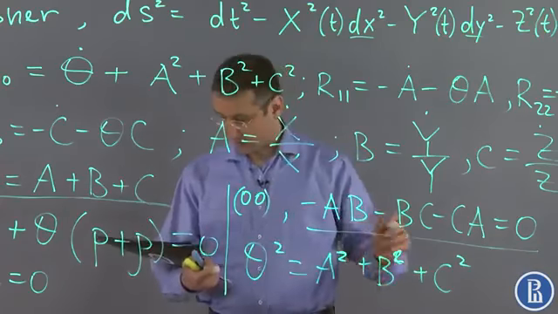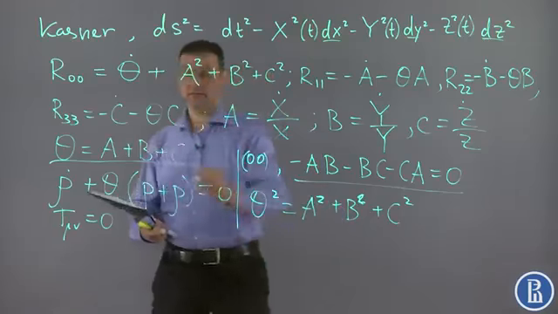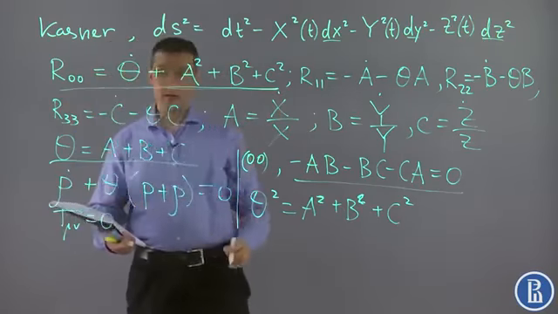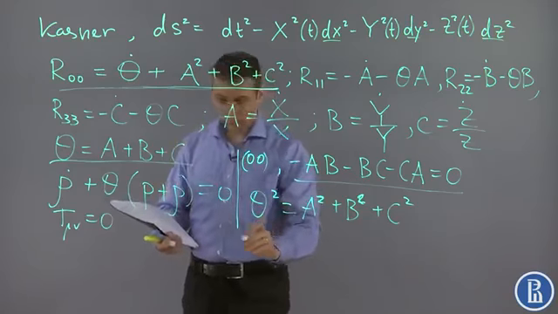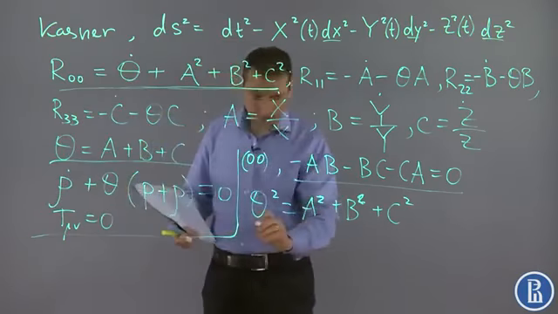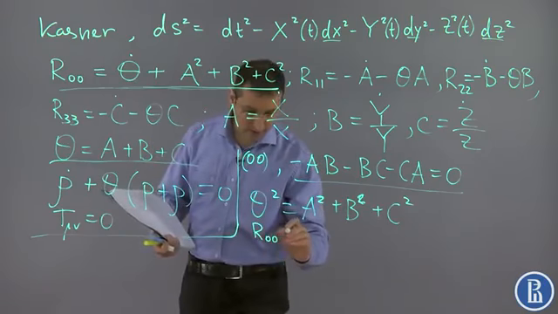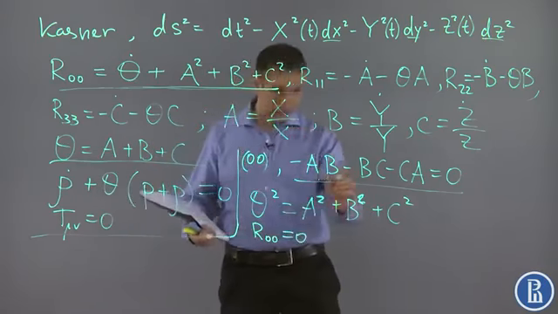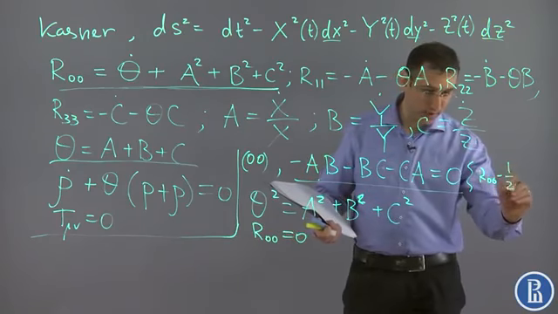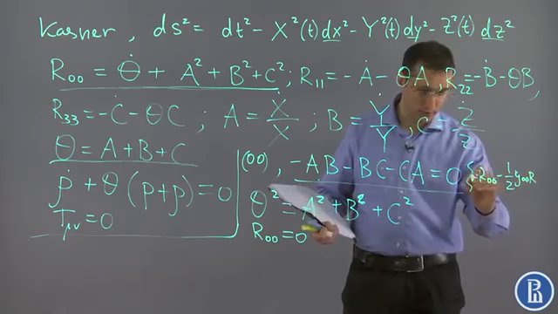Hence, again, using this, the vacuum Einstein equation is R mu nu equal to 0. This is not the same as R00 minus 1/2 g00 R equal to 0.